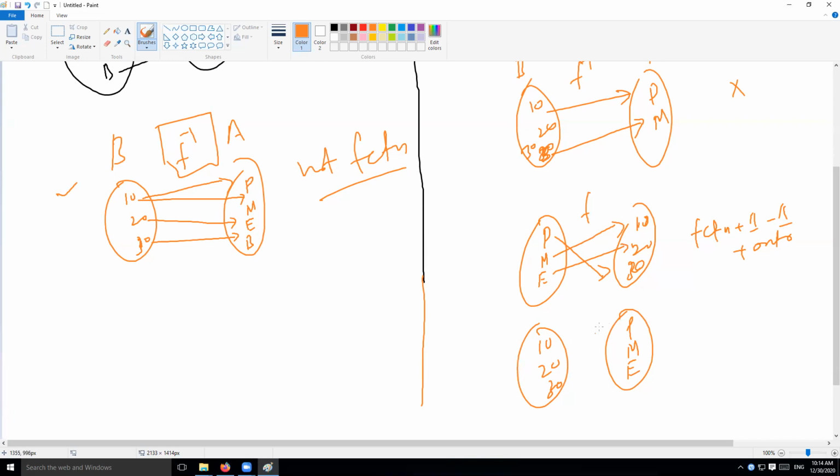So the 10 is related with M, 30 is related with P, and 20 is related with E. So is this a function? Yes sir. So interestingly, this is indeed a function actually.